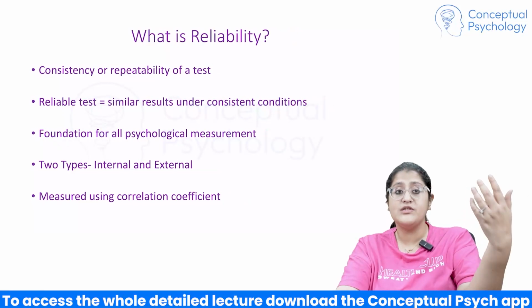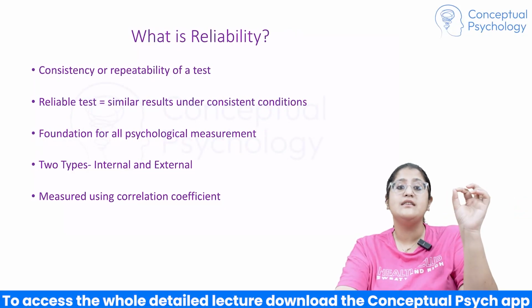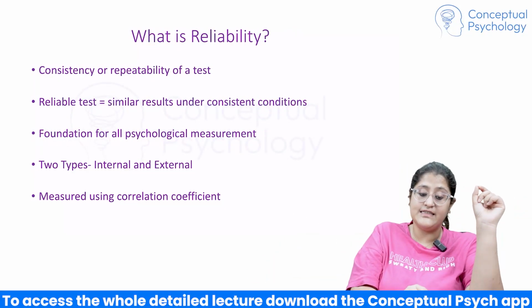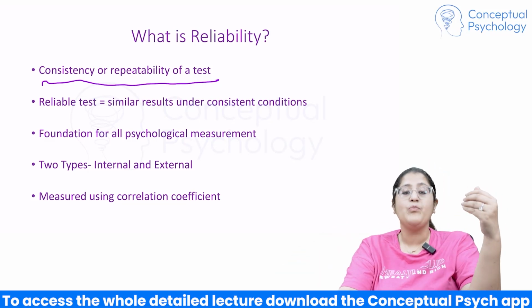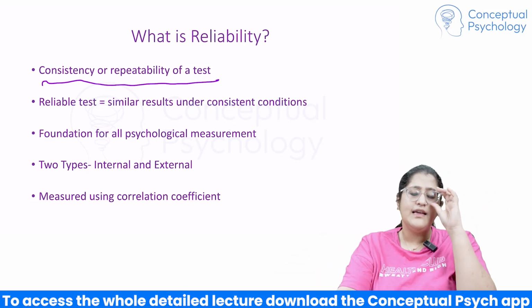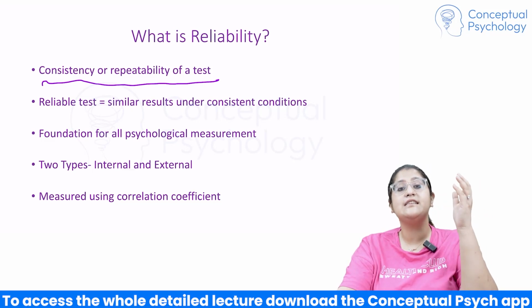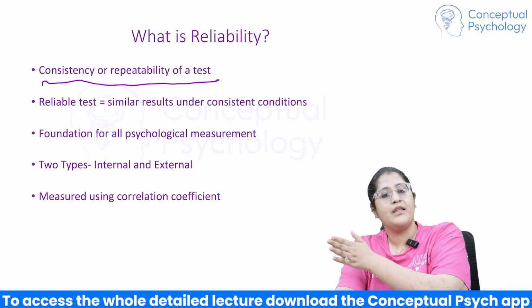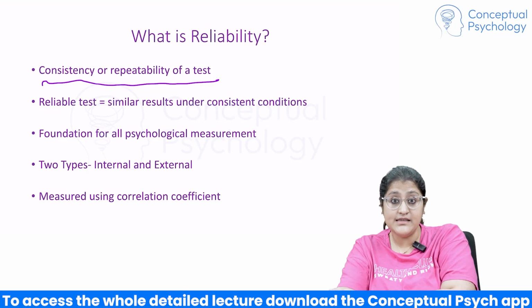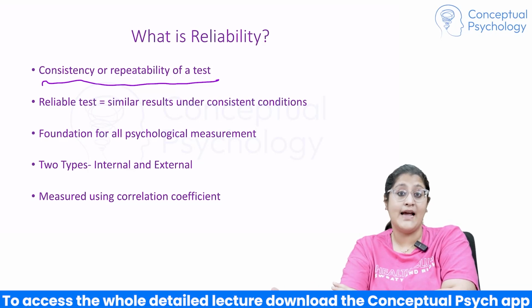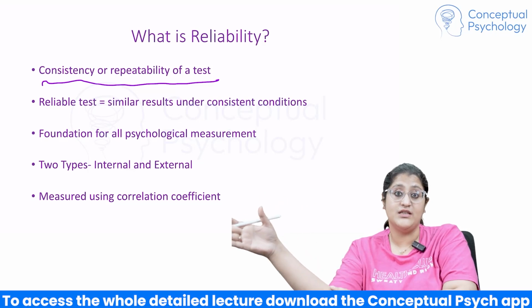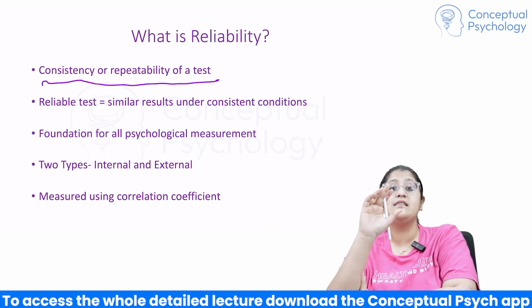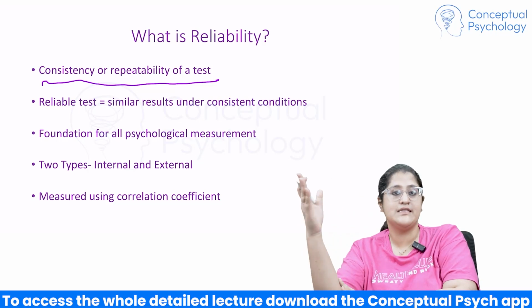So reliability is the consistency or repeatability of a test. What does that mean? It means that if a test is repeated across settings, across timelines, or even across populations, it delivers similar results provided the conditions remain the same.